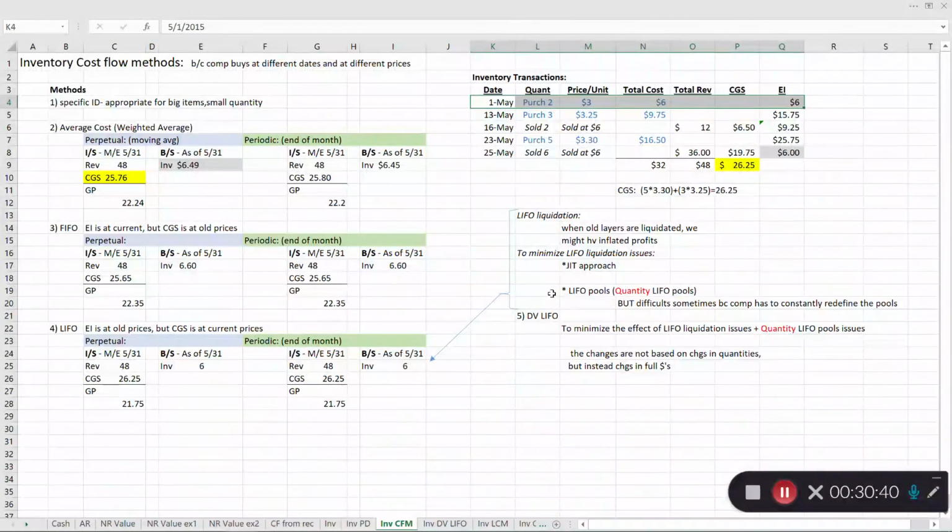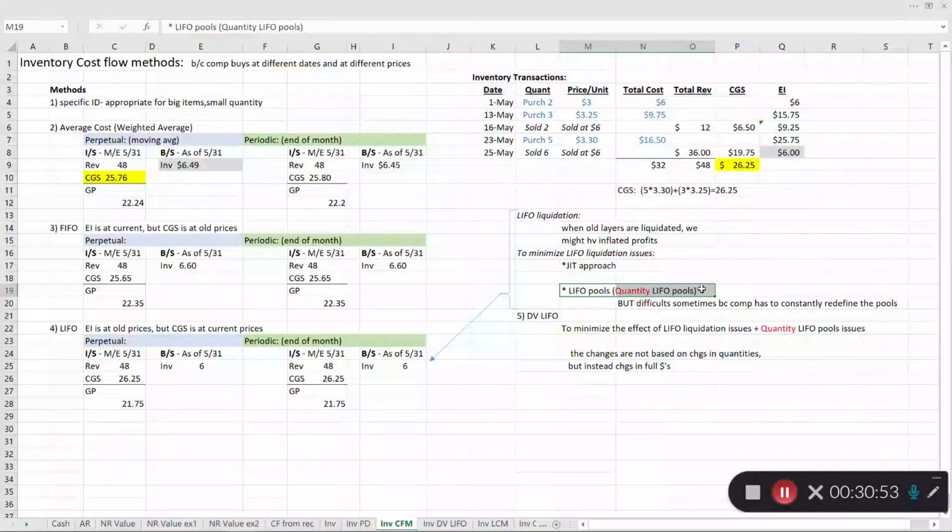Okay, another thing that can be done to minimize this effect that arises from liquidating LIFO layers is to use LIFO pools. What that means is you group different inventory items into one pool, so that if at any point in time you liquidate one of those inventory items, the effect of that liquidation issue is averaged out over the other inventory items in that pool.